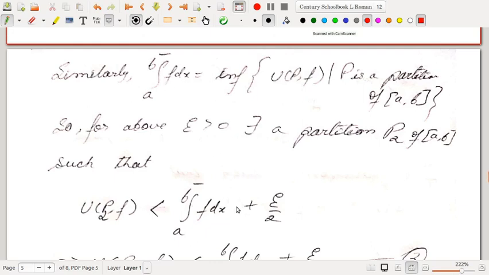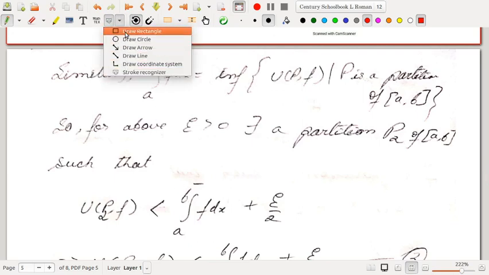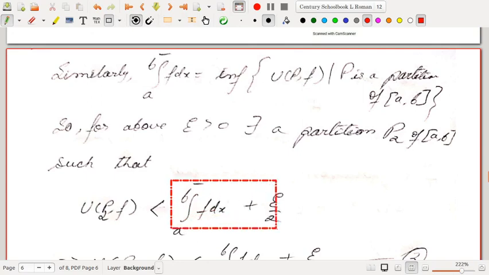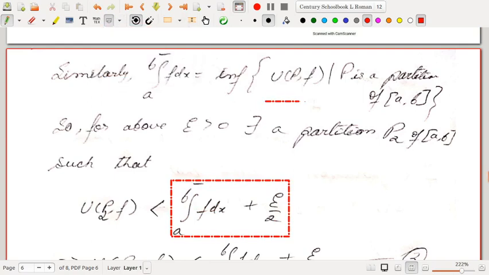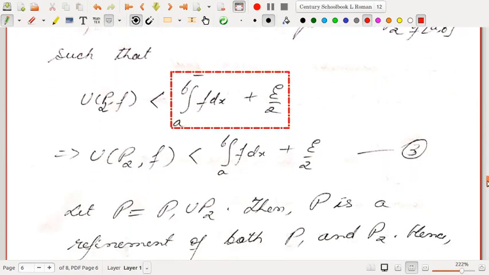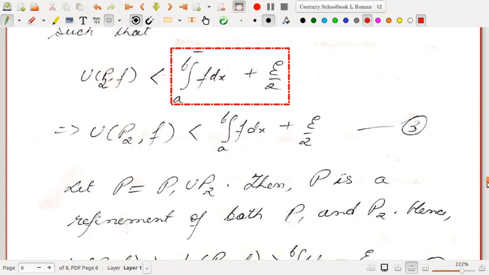So if I take anything greater, say this one, this cannot be a lower bound. That means there should be an element in the collection of all upper sums which is strictly less than this element, right? So there exists a partition P2 such that U(P2,f) is strictly less than this plus epsilon by 2.